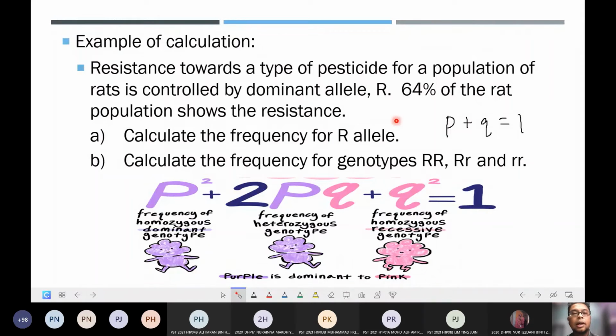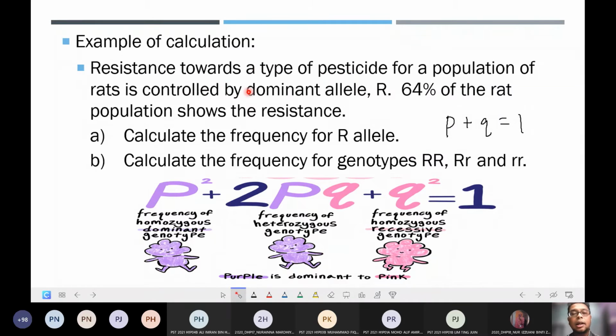And so this will be the example of question that is very basic, in which it will be about a population of rats again. Suka sangat tikus topik ni. Population of rats, and we are focusing on a particular characteristic, and the characteristic will be about resistance toward a type of pesticide.